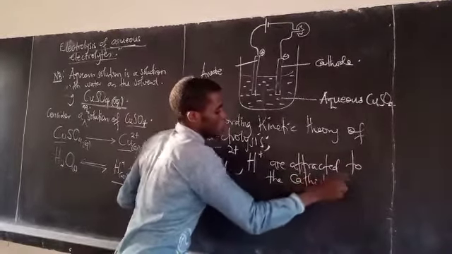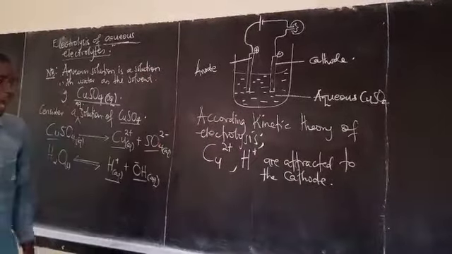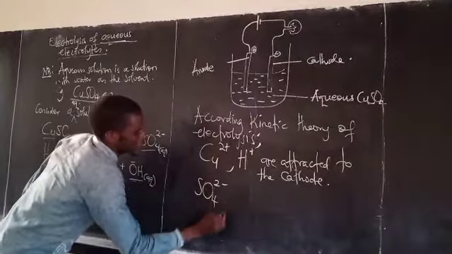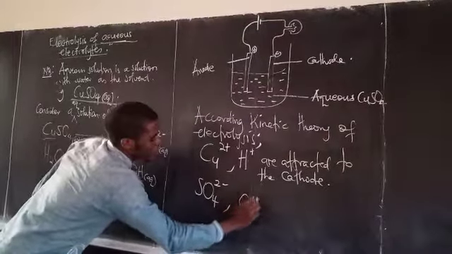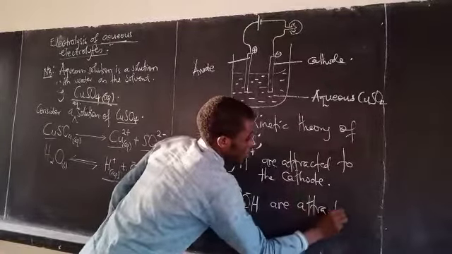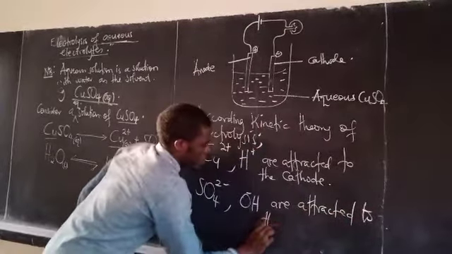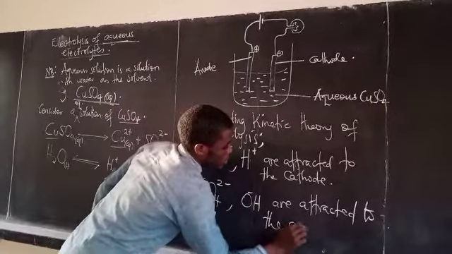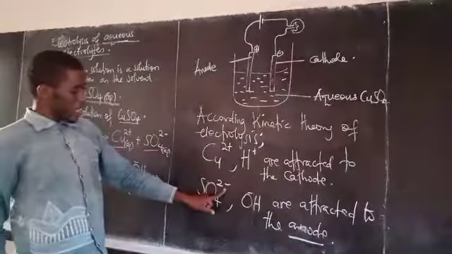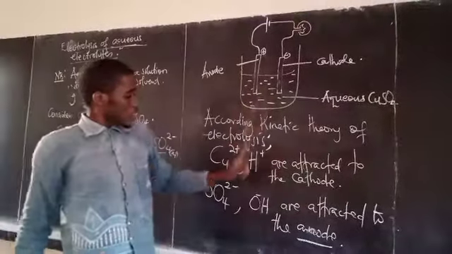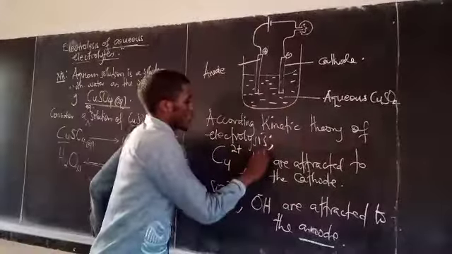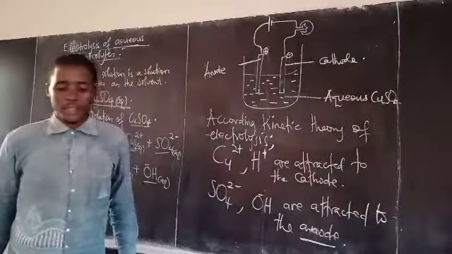And then sulfate ions and hydroxide ions, both of them are attracted to the anode. Remember, the anode is positively charged, so it attracts the ones which are negative, and the cathode is negatively charged, so it attracts those which are positively charged.